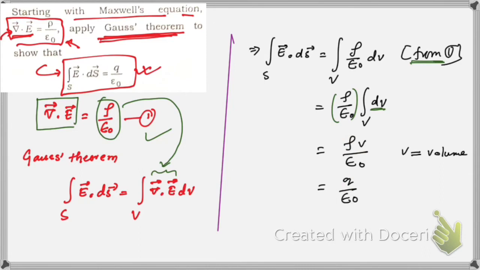Here we have used q is equal to rho into V. So this is proved. This is equal to nothing but the surface integral of E vector dot ds. So this is proved. Now let's move on to the next question.